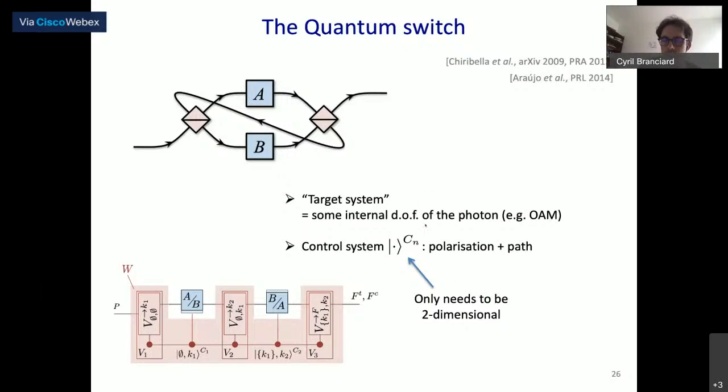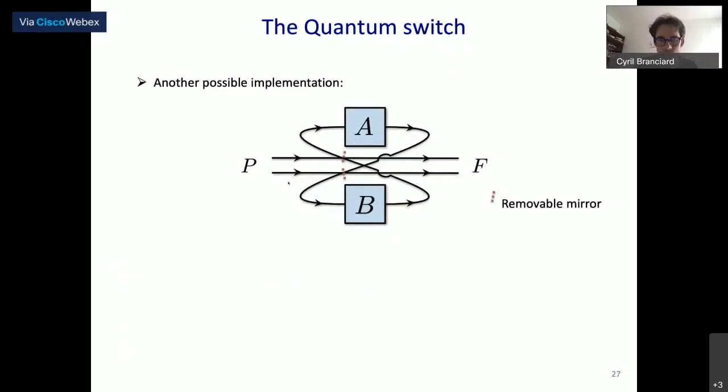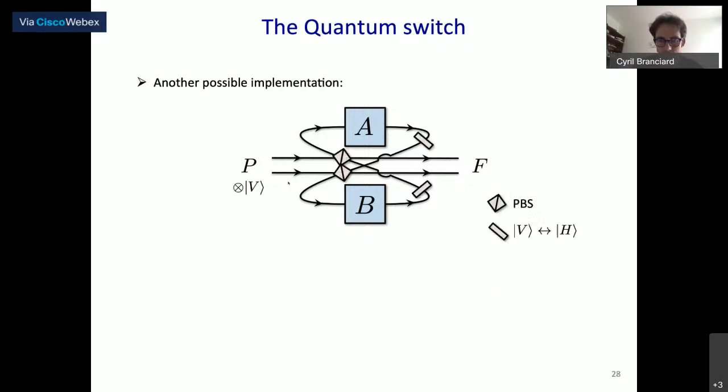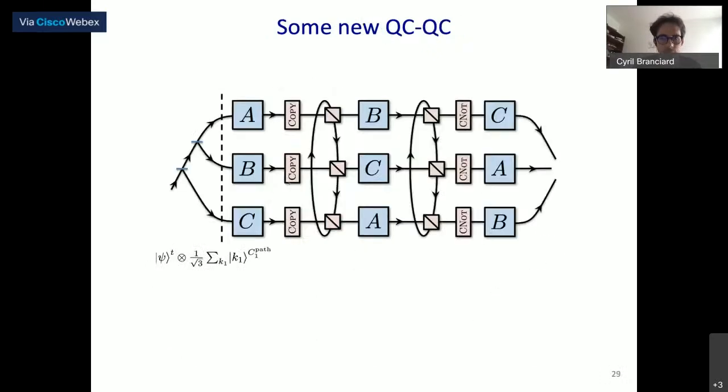So we realize that in this particular implementation of the switch, there's some redundancy on how the control is encoded. This already led us to propose some new possible implementations of the switch, which don't use so many degrees of freedom, but at the cost of being time dependent. So I will skip that. We can still make it time independent.